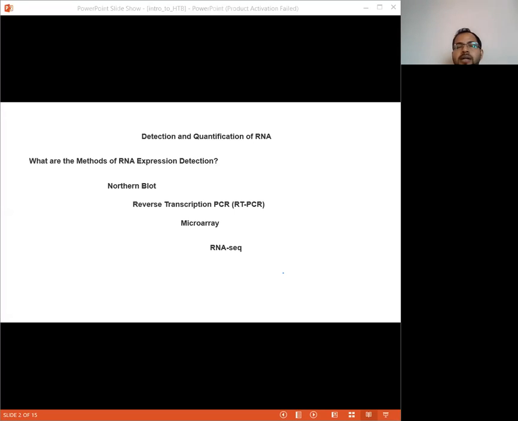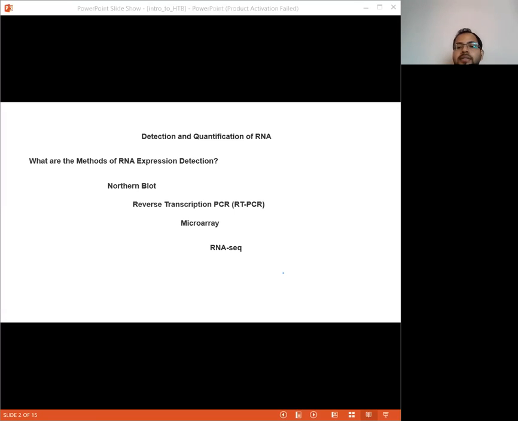But when they require more number of genes or RNAs to be quantified, it was not easy by using northern blot or RT-PCR. So that is the main reason. We cannot analyze more than 96 samples at a time using the PCR plate. You need multiple PCR runs for doing that.